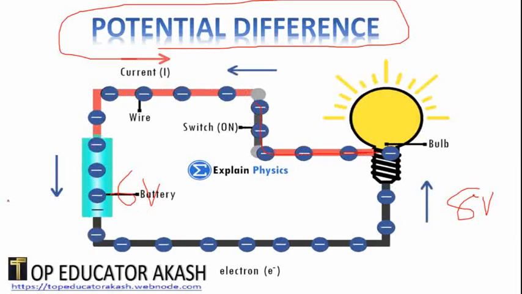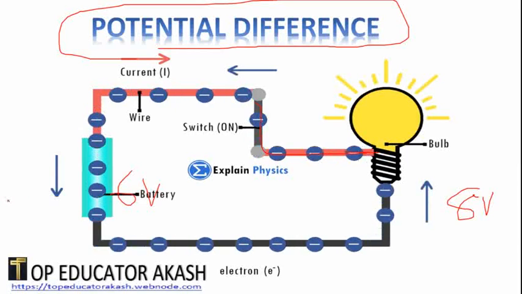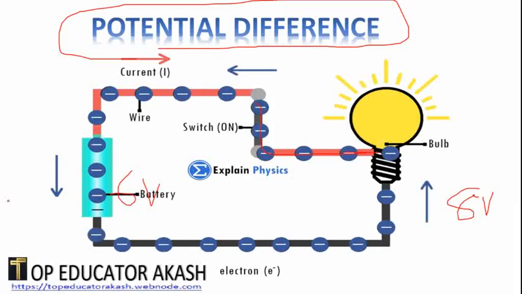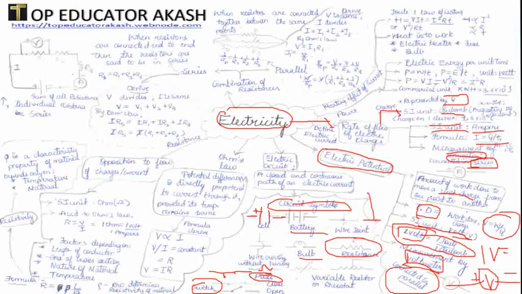So we can say that if the voltage, nothing but potential difference, is increased, then the current is also increased. So the potential difference is directly proportional to the current through it, provided its temperature remains the same. So V is proportional to I, that is, potential difference is proportional to current.